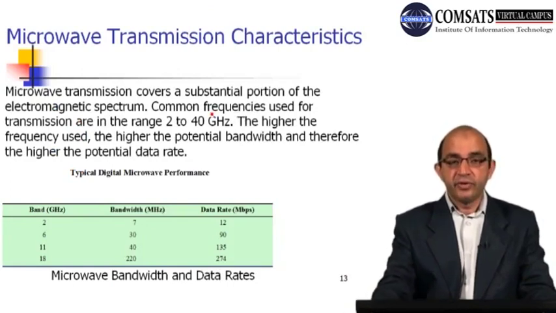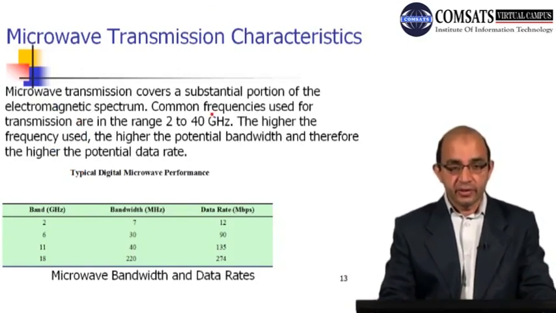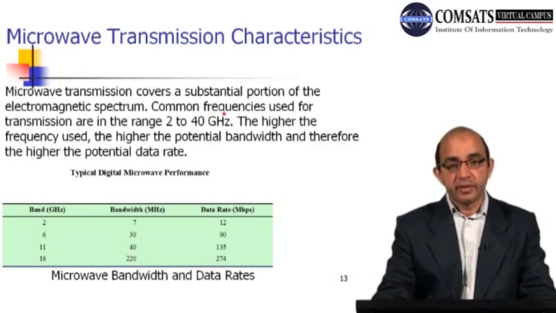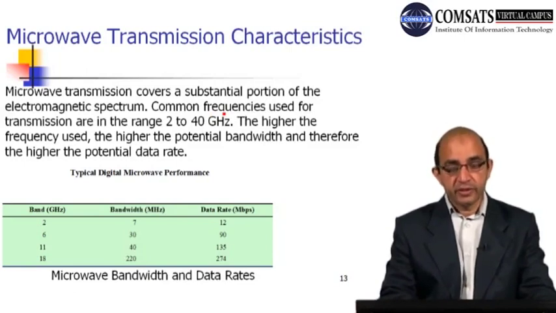So as we know, if we look at the electromagnetic spectrum allocation, microwave transmission covers a very large portion of the spectrum, and the range starts from 2 gigahertz and ends at 40 gigahertz.